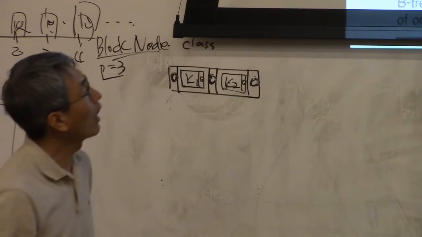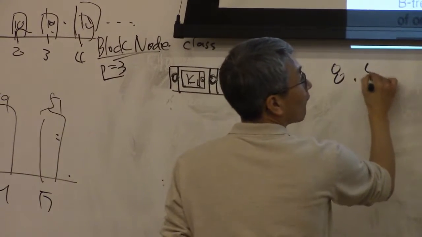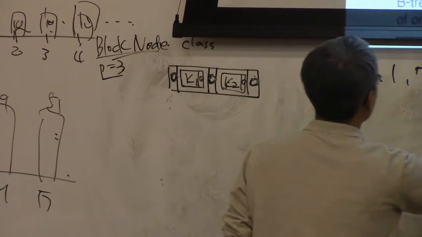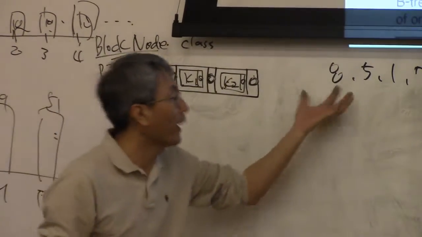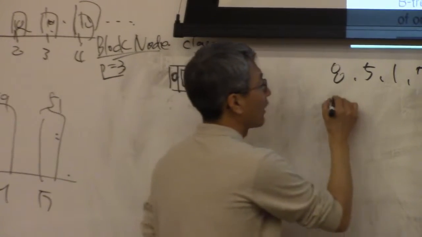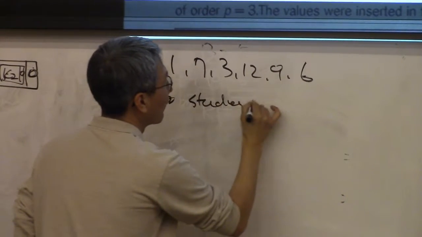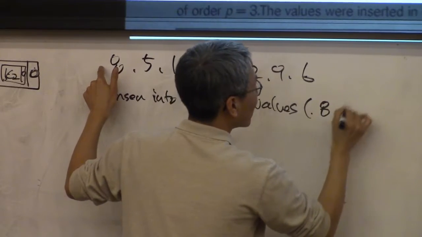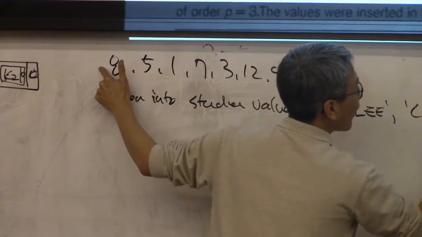Then we are going to insert the data 8, 5, 1, 7, 3, 12, 9, 6 in this order. That doesn't mean we are going to insert only 8, 5. Instead, insert into the student table values like 8, lead, CS, and other information.